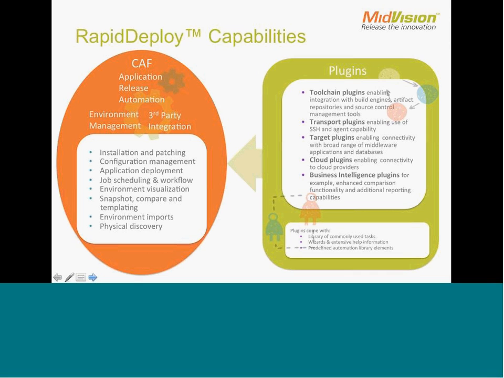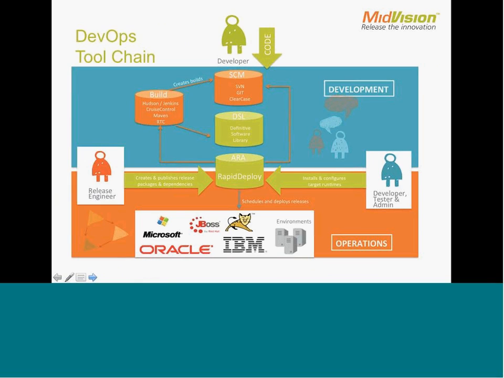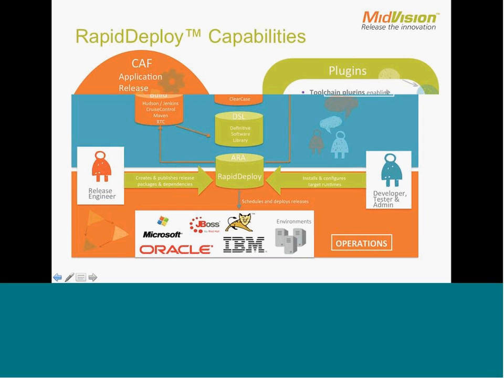We support AWS. The business intelligence plugins are basically utility tools for the core, including reporting, tool and comparison functionality and other things. And all these plugins are shipped with commonly used tasks and resource types.